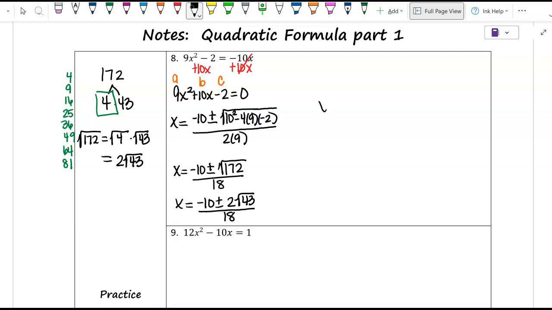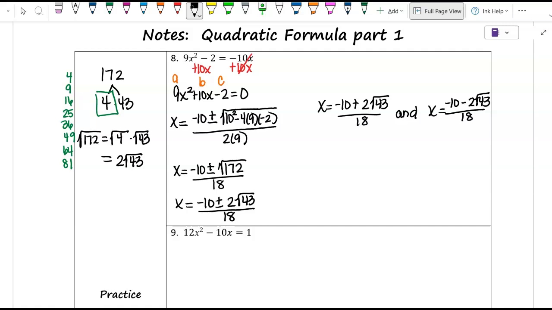So when I separate that out, I get x equals negative 10 plus 2 radical 43 over 18, and x equals negative 10 minus 2 radical 43 over 18. Now I can't divide and I can't combine the 10 with the 2 radical 43, but I can reduce.